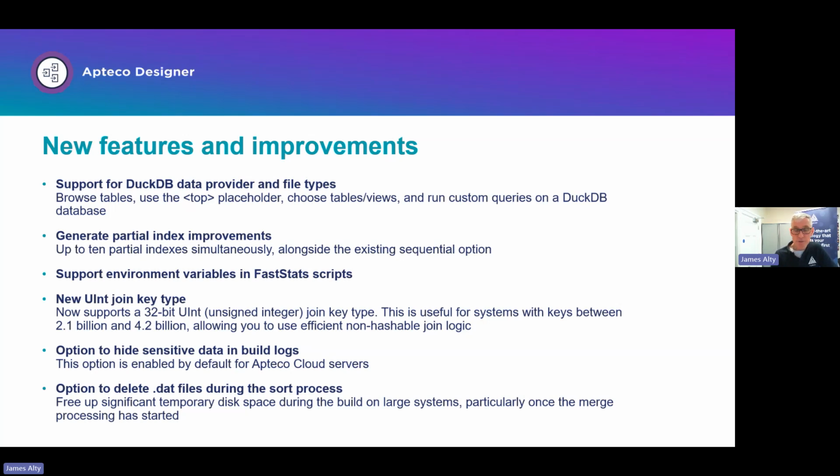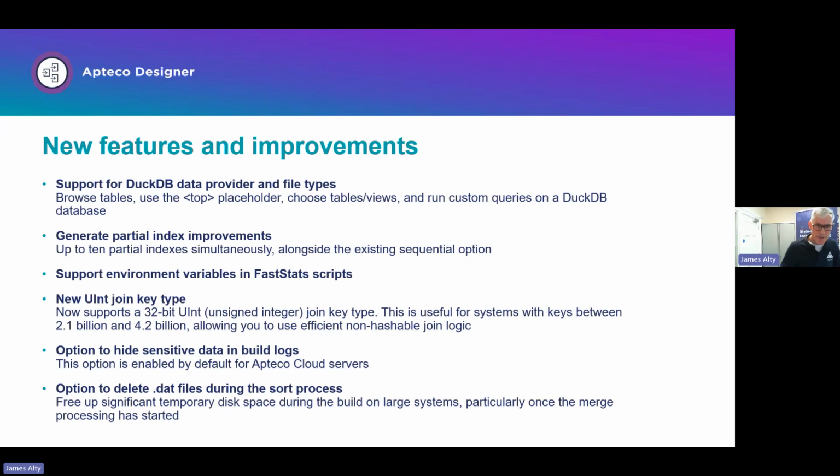And in most systems, the time taken to build additional indexes is returned in the query speed you get as a result, particularly if you've got an Apteco system that has one very big transaction table. You can do an index that doesn't use that, just looks at the other tables, for example, and then you get faster results.